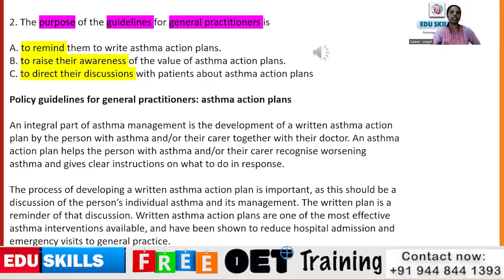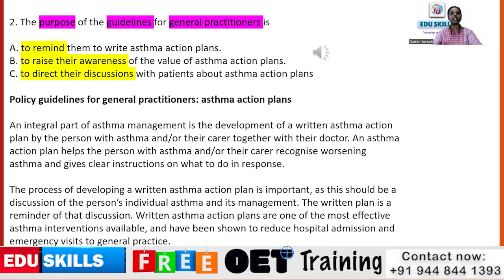Okay, so here in the question, I've marked the hedging words like purpose. And what is the purpose of the guidelines? What do you mean by guidelines? It's an instruction given to any of the professionals that you call guidelines. So here the guidelines are given to general practitioners. So what is the purpose of this guideline to the general practitioners?